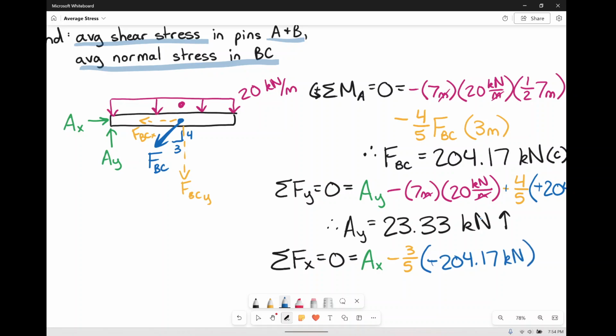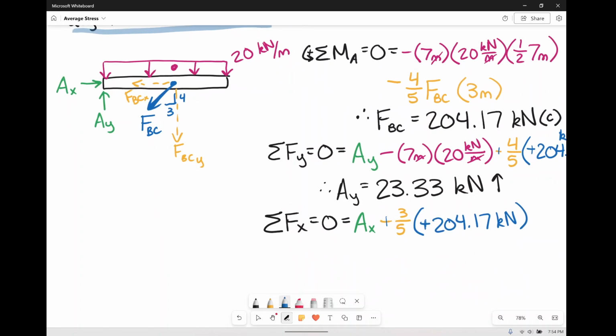So again, my negatives are going to cancel each other here, and that's okay because in reality, my arrows are going the wrong direction. When you have multiple arrows drawn for a single thing and you don't want to change them, please just carry that negative with you. All will be okay. So we actually find that AX is going the opposite direction. AX is going to be 122.5 kilonewtons, but he's going that way. So always keep your value, your unit, and your arrows, your directions, with you at all times so that you don't get them confused.